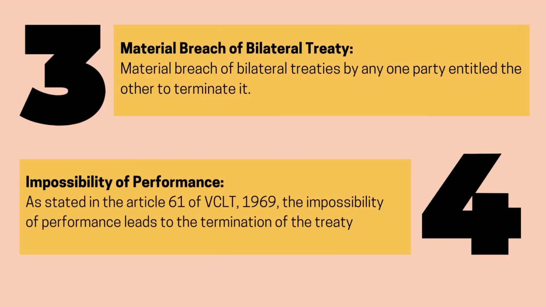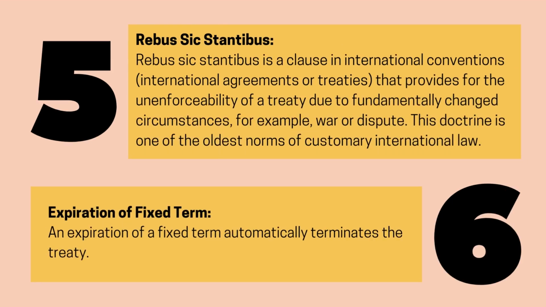3. Material breach of bilateral treaty. A material breach of bilateral treaties by any one party entitles the other to terminate it. 4. Impossibility of performance. As stated in Article 61 of VCLT, 1969, the impossibility of performance leads to the termination of the treaty. 5.